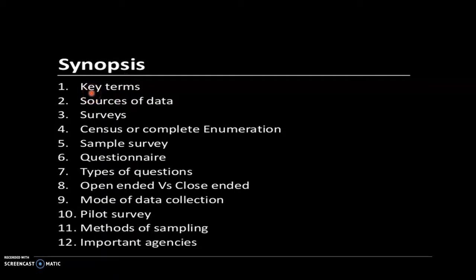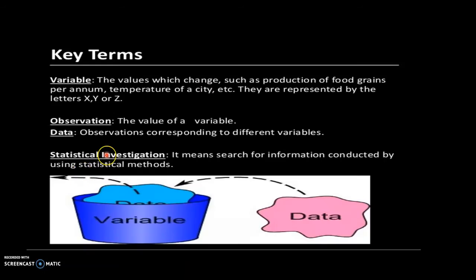First one is the key terms, sources of data, surveys, census or complete enumeration, sample survey, questionnaire, types of questions, open-ended versus close-ended, mode of data collection, pilot survey, methods of sampling, and the important agencies.